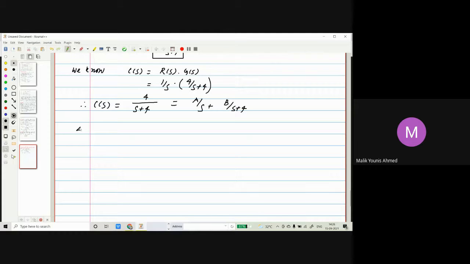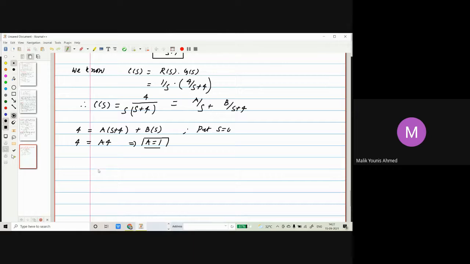Multiplying the denominator on the other side, 4 will be A into S plus 4 plus B into S. So let us substitute S equal to 0. What we get here is 4 equals A times 4. So that means A will be equal to 1.